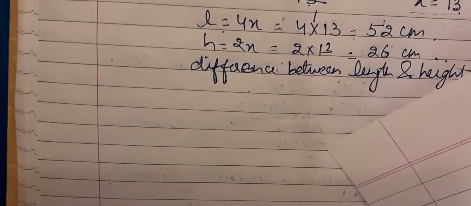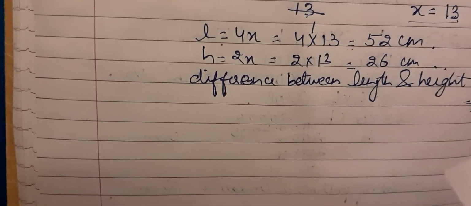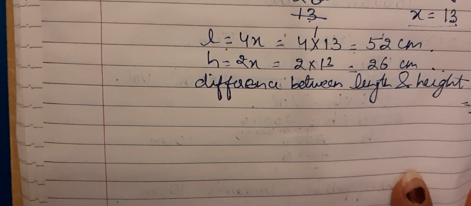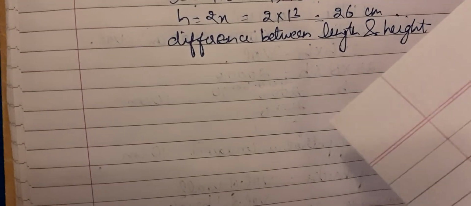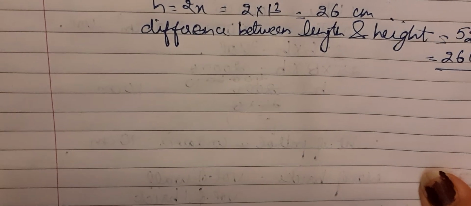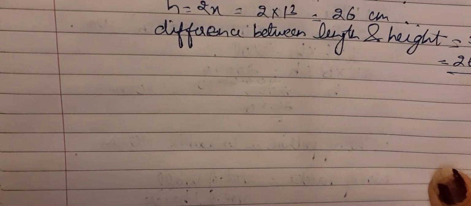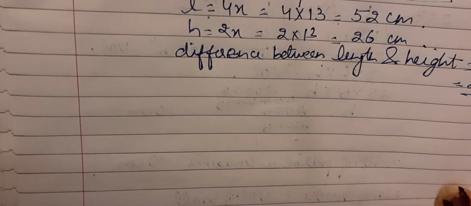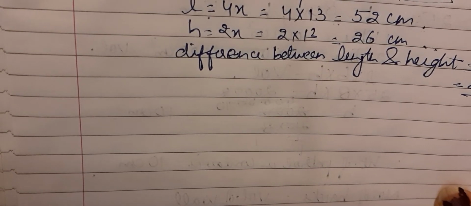Now after the 13th question, I am going to take up your 15th question. What does the 15th question say? The 15th question says, a closed rectangular box measuring 72 centimeter by 54 centimeter by 48 centimeter.